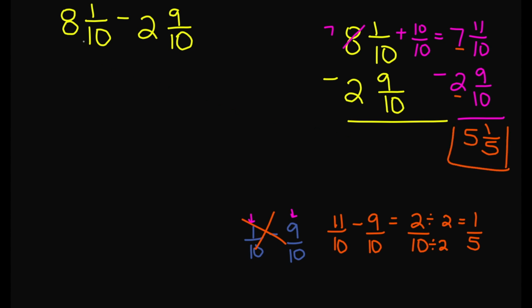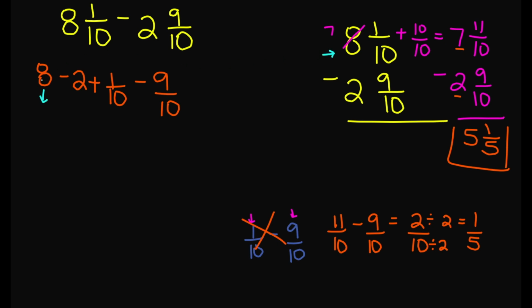So now let's say you wanted to expand this mixed number here. If you were to expand, you're going to get 8 minus 2 plus 1 over 10 and then minus 9 over 10. Now I'm going to rewrite this whole number just like we did on this side.